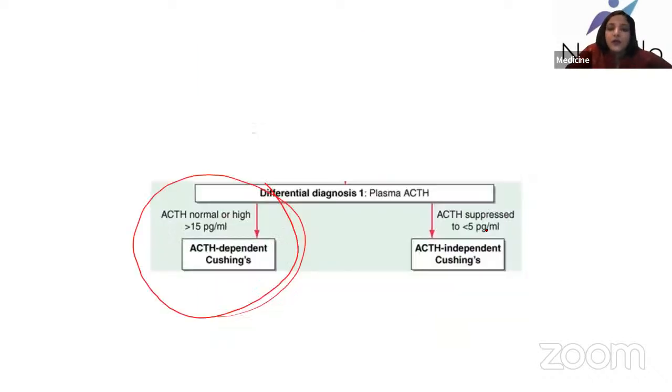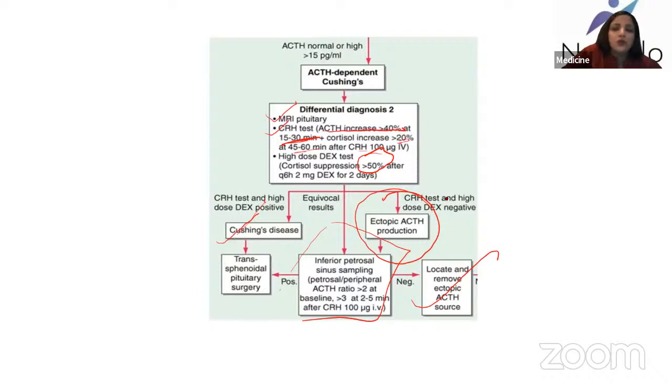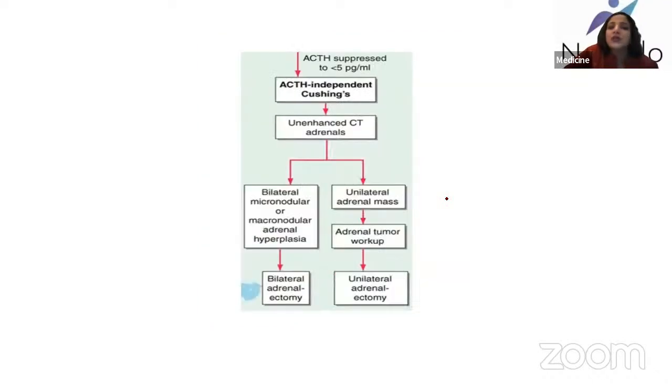Okay, then coming again to first, what we did was the plasma ACTH, and now I'm giving you an option that the patient came to you and the ACTH was suppressed, it is less than 5. That means there is an ACTH independent Cushing's. That means there is nothing wrong with the pituitary, and there is no other place which is producing the ACTH. Then we know one thing, that there is ACTH independent Cushing.